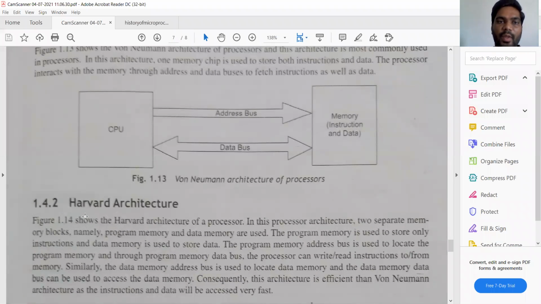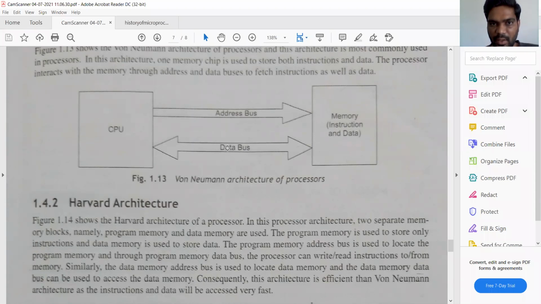See, in this Von Neumann architecture, which you are seeing, when you want to extract the instruction, you can only extract the instruction. You cannot extract the data, because at a time we have a single bus here.